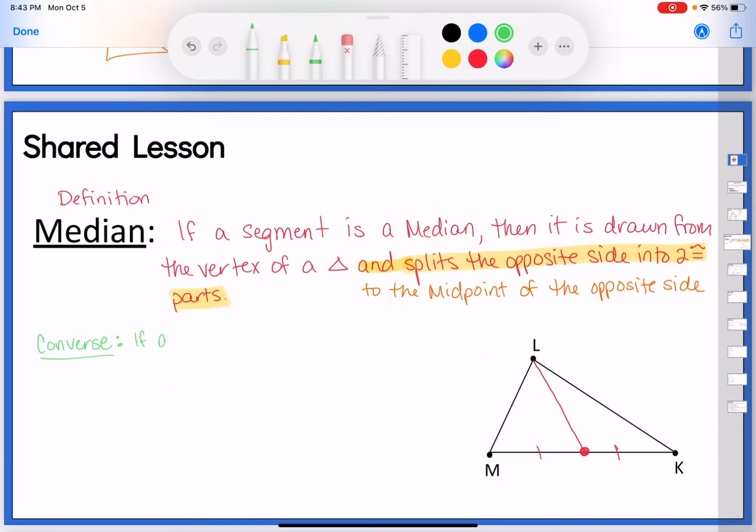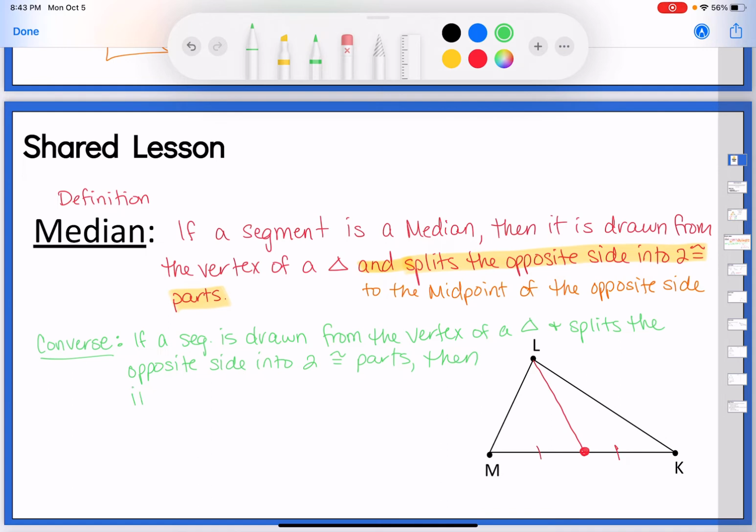So if a segment is drawn from the vertex of a triangle and splits the opposite side into 2 congruent parts, then it is a median. All right, so there's the converse.